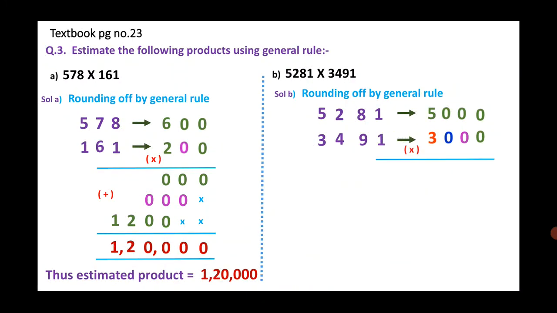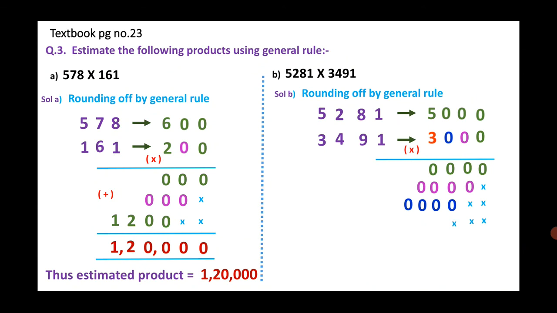Now we need to multiply. Just like in this question, here again we need to multiply these 3 zeros, and after that we are going to multiply with this 3. When I multiply with 0, I'll get all the digits as 0. So because of these 3 zeros, we will get everything 0, 0 and 0.